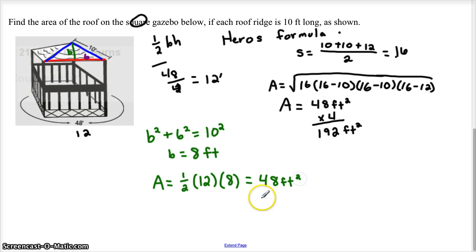That's the area of just one of them, so I would multiply that by 4, or 192 square feet. So those are 2 different ways to do the same problem. I can find the area using Heron's formula because I knew the length of the 3 sides, or I could find the height and then use the formula you're used to, which is 1/2 base times height.